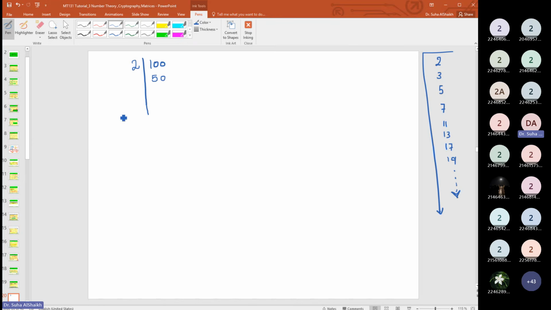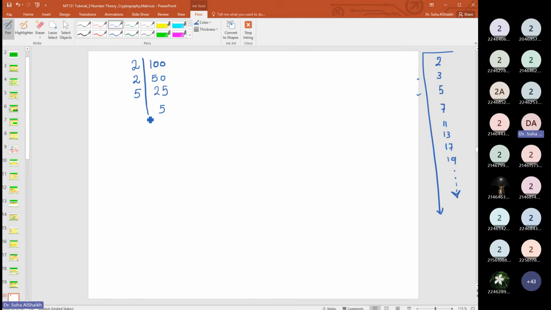Okay? Is the 50 divisible by 2 again? Yeah, the 50 is divisible by 2, and the answer is 25. Is the 25 divisible by 2? No. So I have to check the next number, which is 3. Is the 25 divisible by 3? No. So I have to check the next, the 5. Divisible by 5? Yes.